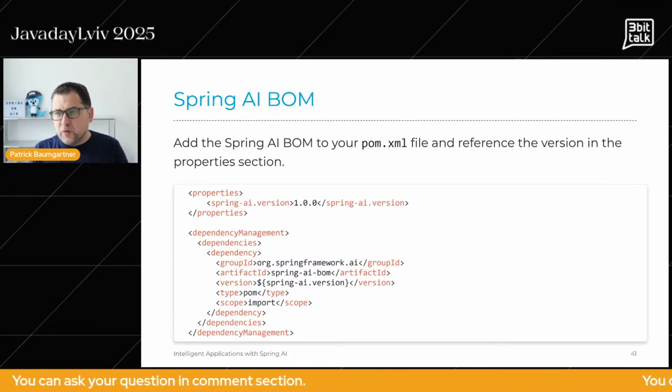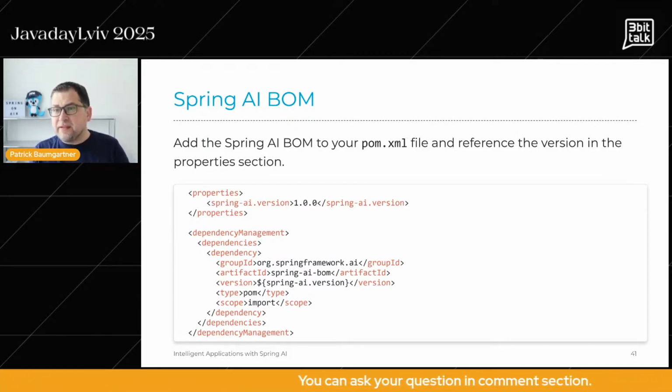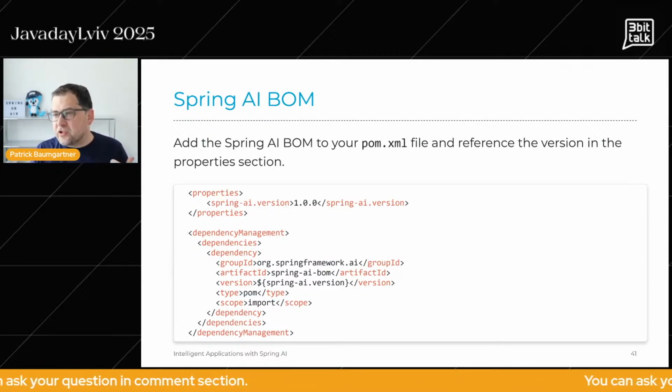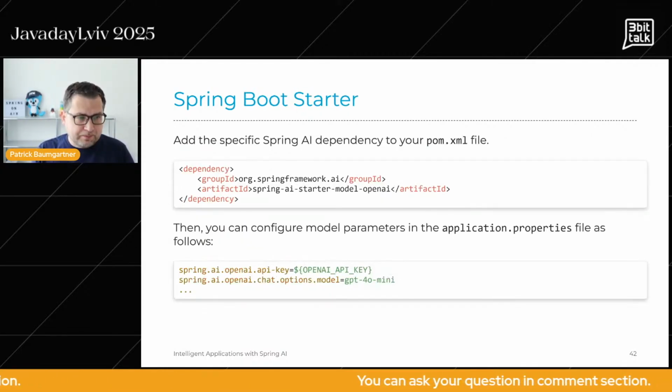If you do the skeleton project from start.spring.io, it will be done for you automatically. Basically, the same applies for Gradle, right? This is just my example because I prefer Maven for presentation, because it's simpler to understand.